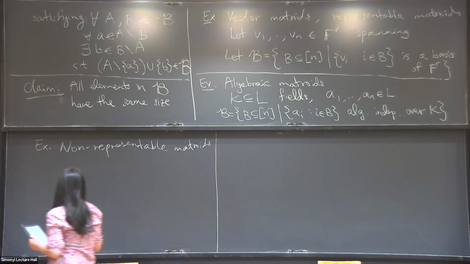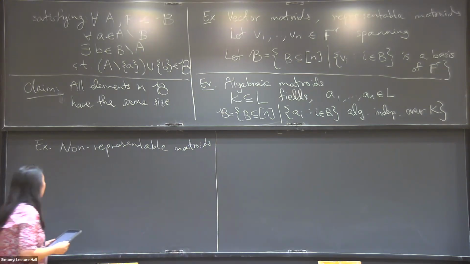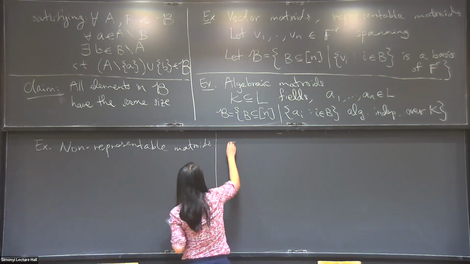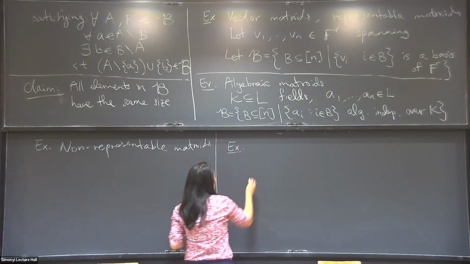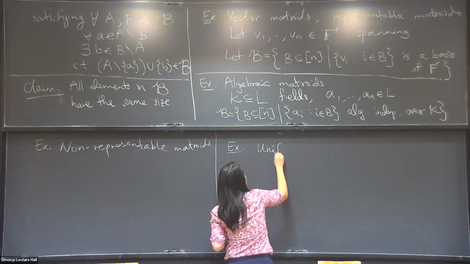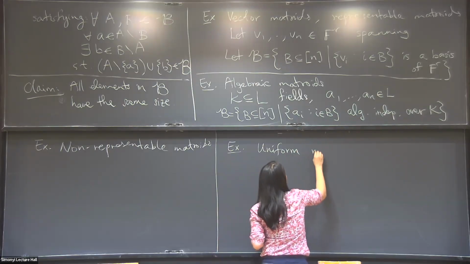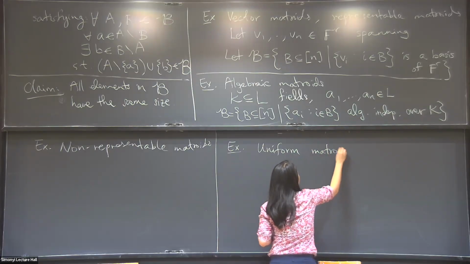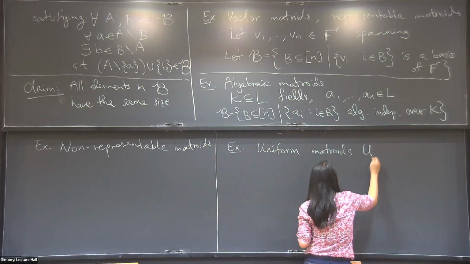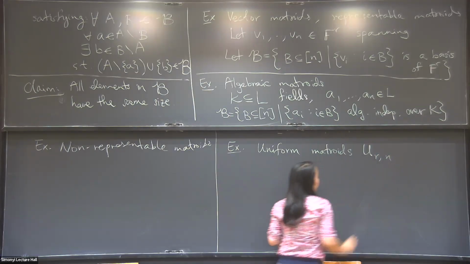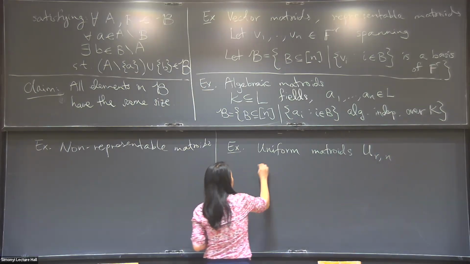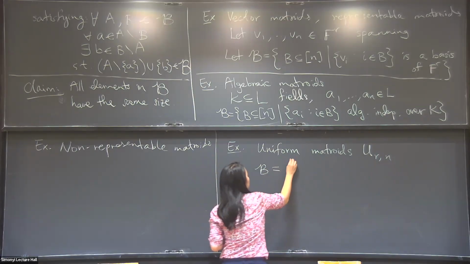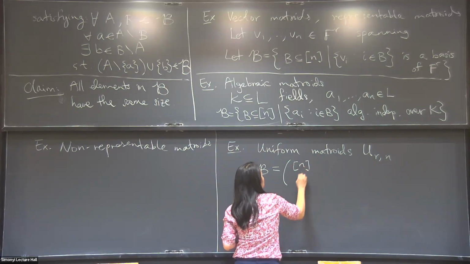Maybe before I get to non-representable matroids, let me do some notation. An easier kind of matroid is called a uniform matroid, U_{r,n}, where I take my bases to be all r-element subsets of n.